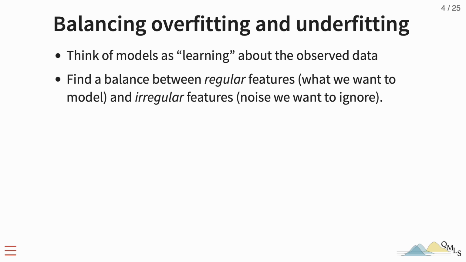But we can put a lot more in there, and maybe it doesn't do as well in the end. We could put not enough in, and that leads to underfitting. So what we want to do is find this balance of what we call regular features, the information we're interested in, and then the noise, the irregular features. We want to ignore the noise and learn from the parts that we want to learn from.